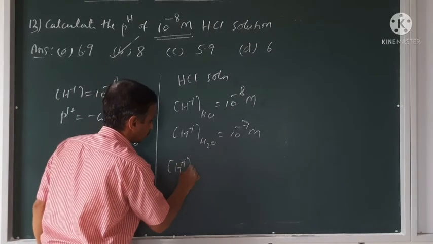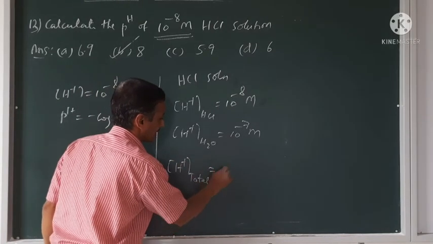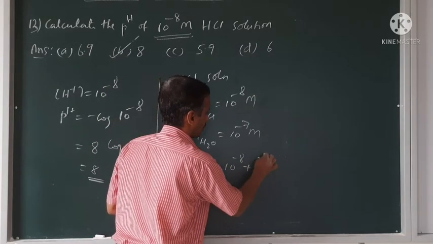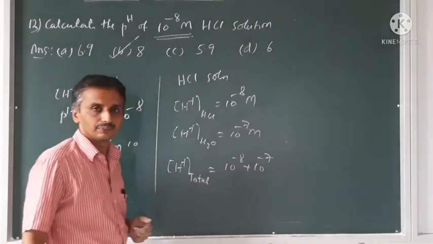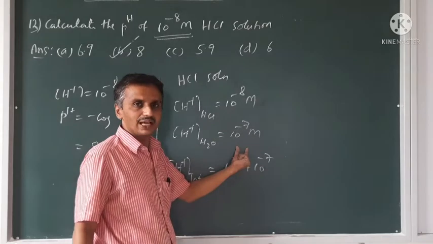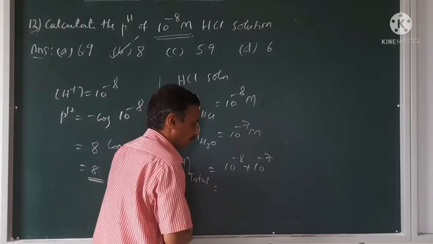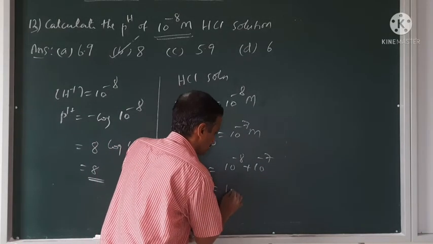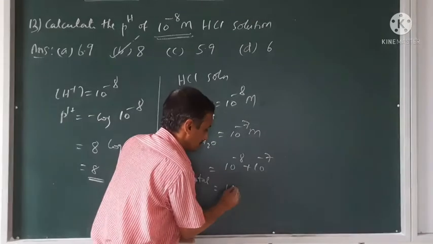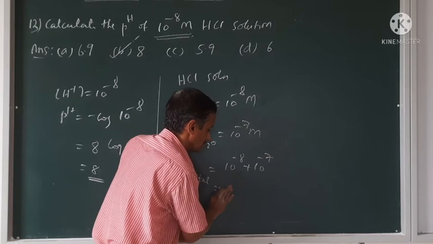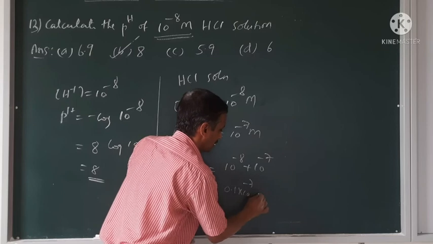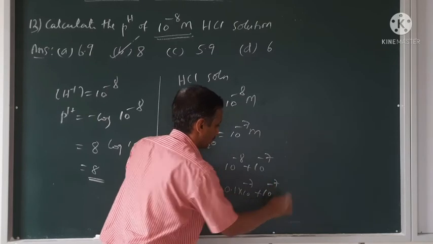So H plus total is equal to 10 to the power minus 8 plus 10 to the power minus 7. 10 to the power minus 8 is coming from the HCl, 10 to the power minus 7 from the water. So what do you do? How much do you have to write now? 0.1 into 10 to the power minus 7 plus 10 to the power minus 7.